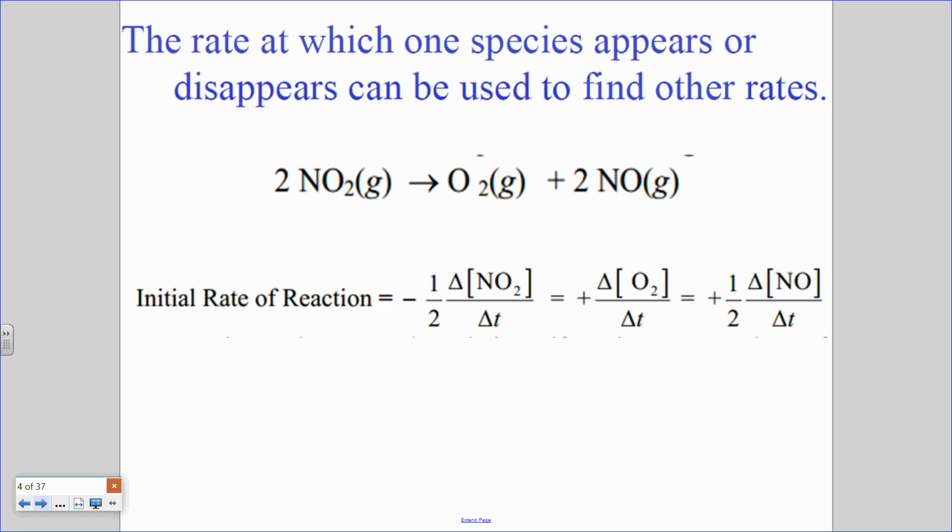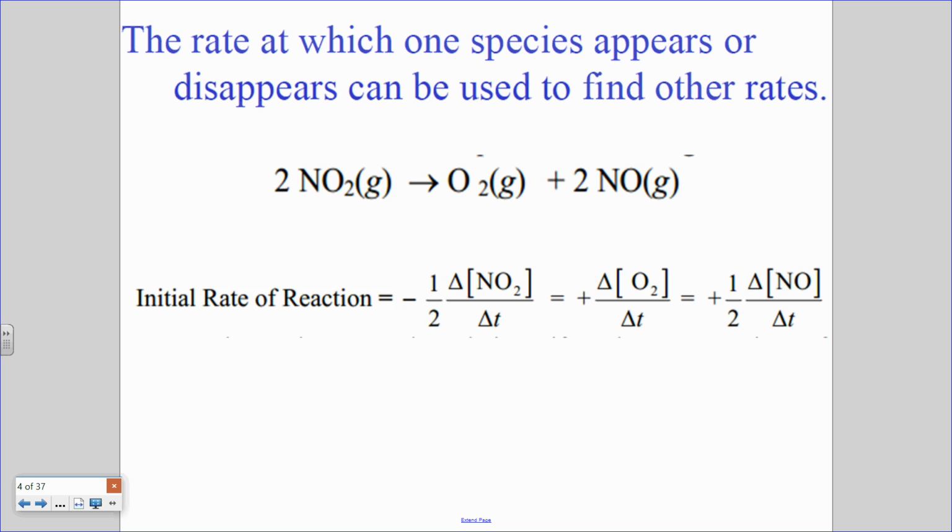If we know the rate of one thing in a reaction, we can figure out the rate of everything else. How can we do this? Because we know stoichiometry. For example, for every 2 of these that break down, we'll produce 1 oxygen and 2 of these.